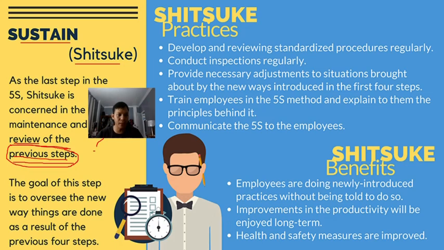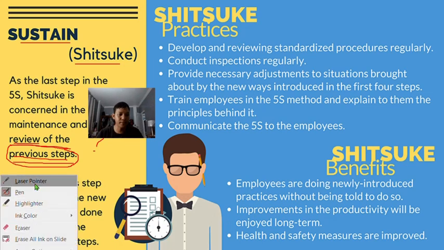So we need to develop and enhance the previous standard. It is just like a cycle. The goal of this step is to oversee the new way things are done as a result of the previous four steps.